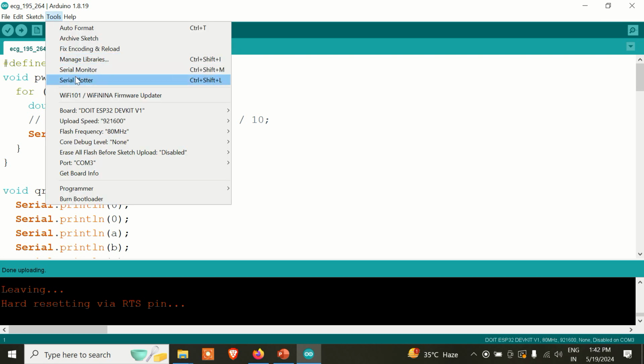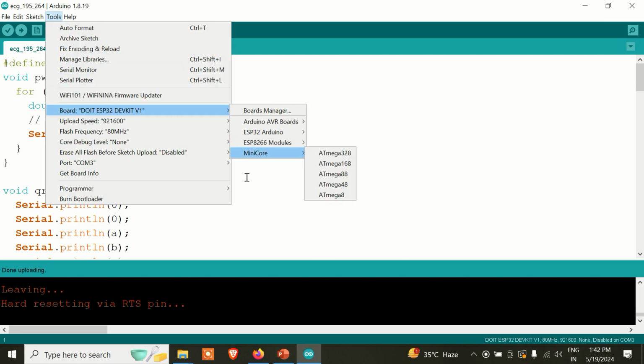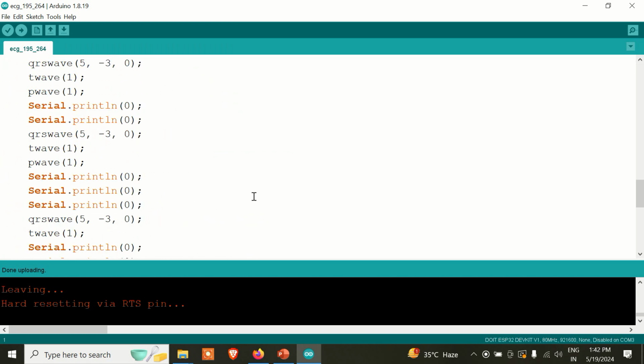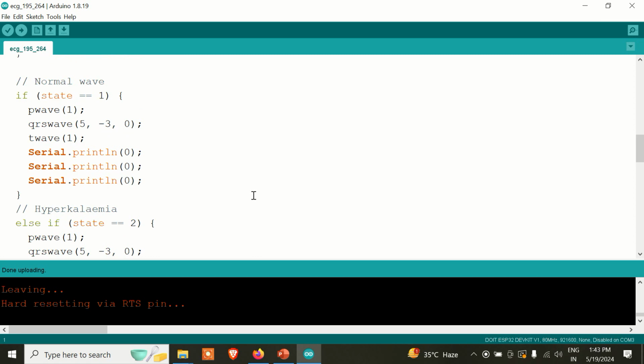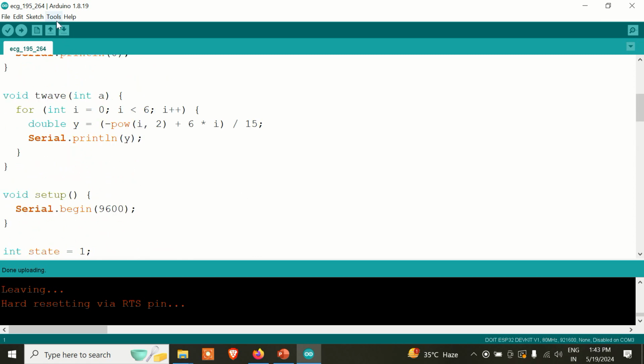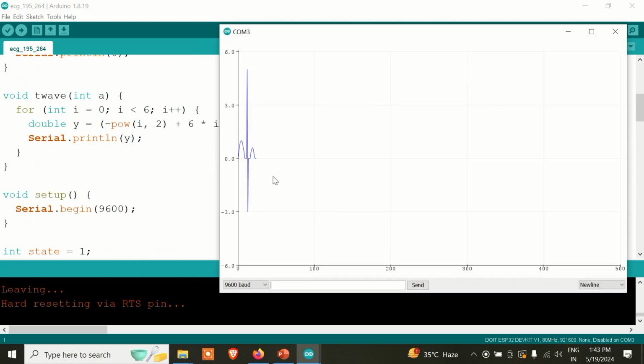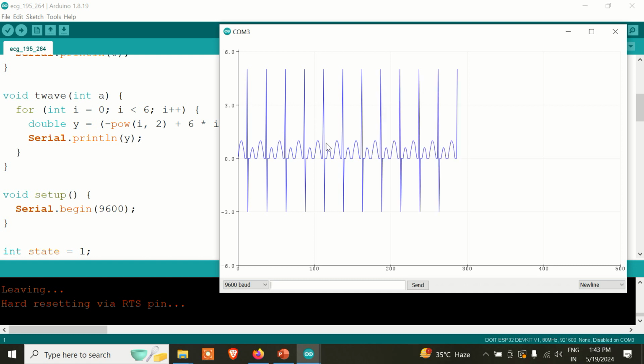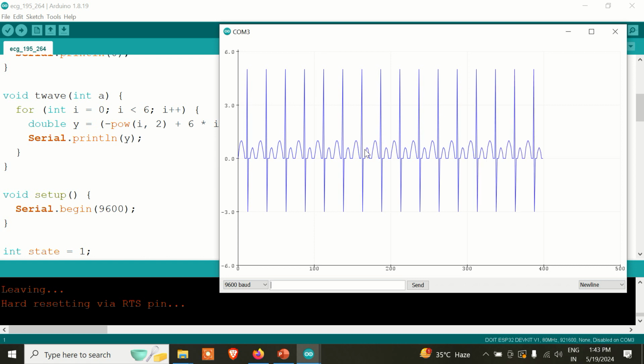Alright, so the program is loaded. If you plot the waveform, let's see, the baud rate is 9600. So if you plot the waveform, as you can see, though it is periodic in nature, the nature of the waveform cannot be represented by one single equation.